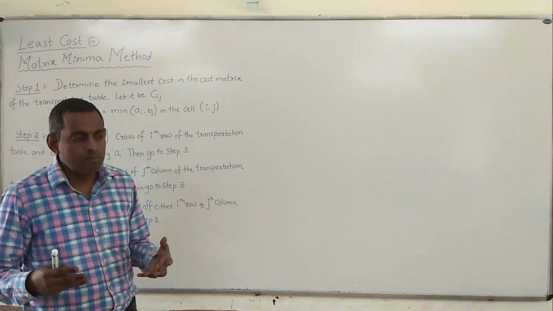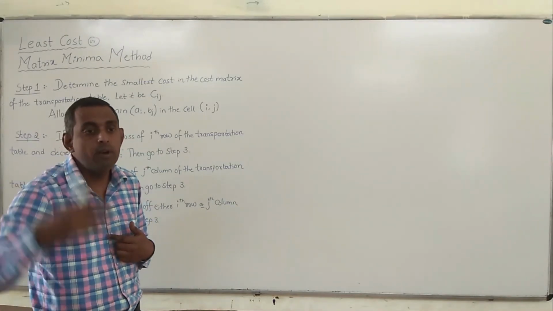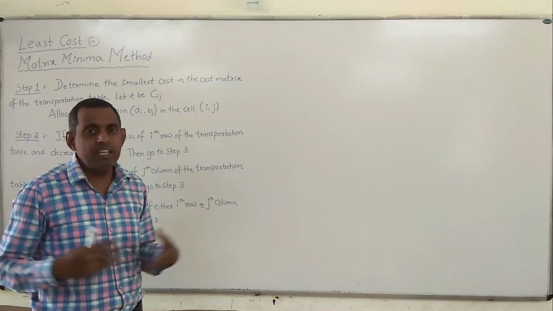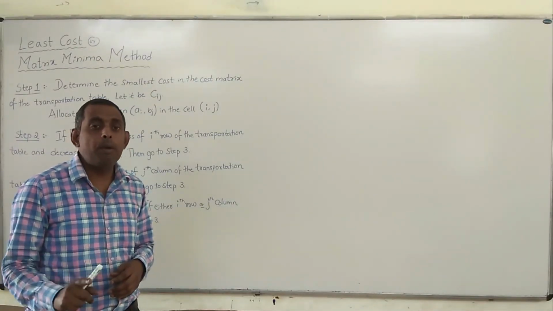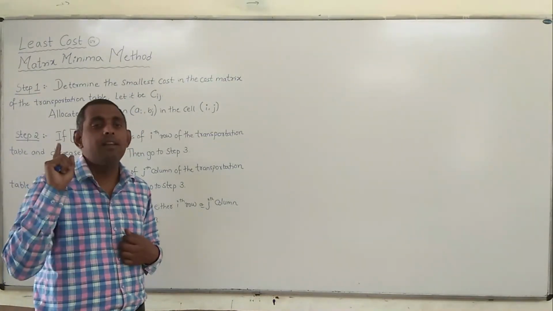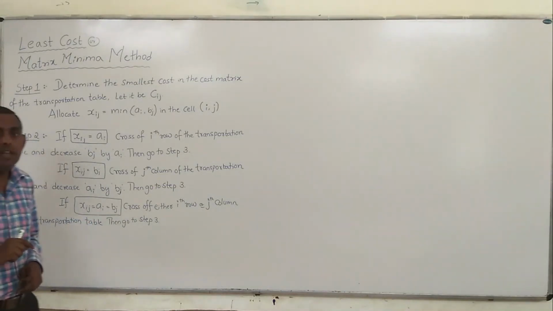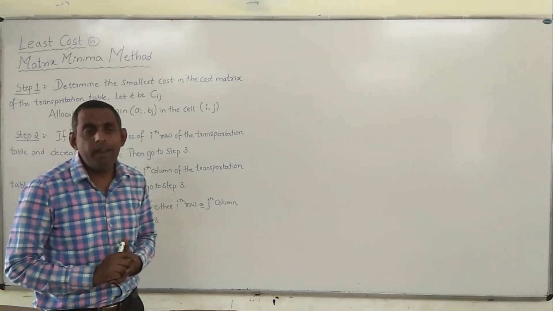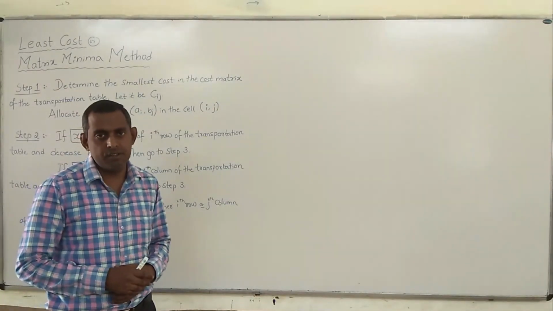So I go for crossing off the column, somebody may go for crossing off the row, depending on the individual person, provided supply and demand for that particular row and column are the same in this case. Then go to step 3. Fine. So the last step will be explained in the next session. Thank you.